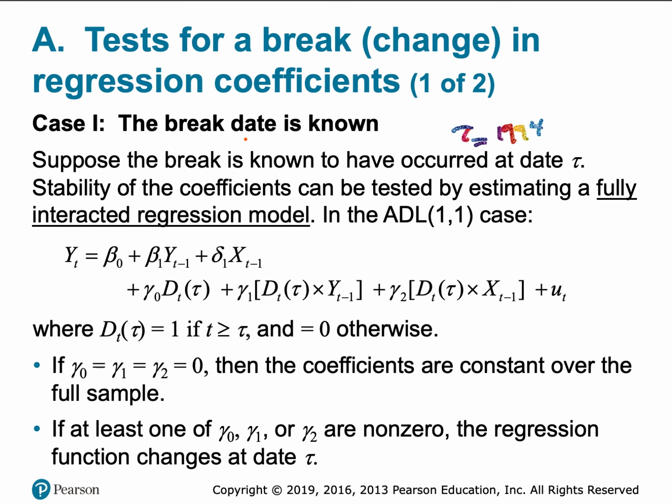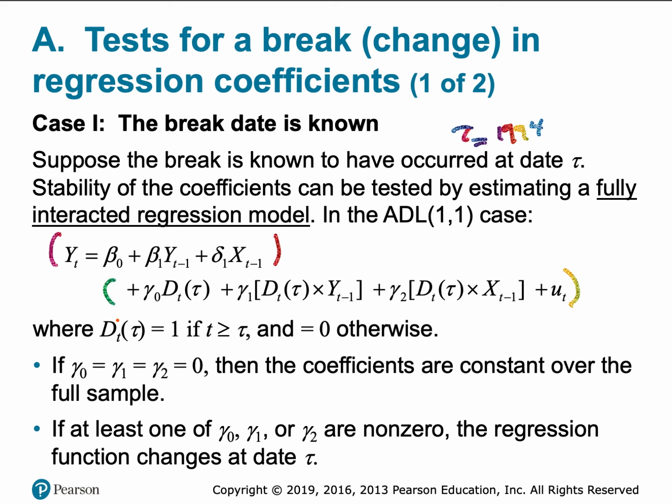The stability of the coefficients can be tested by estimating a fully interacted regression model. In the case of the autoregressive distributed lag model, with one lag of the y variable and one lag of the x variable, this first line is the ADL, and the second line includes the interactions to test the break date.